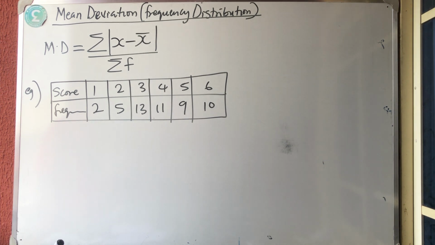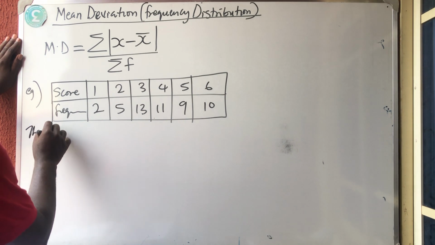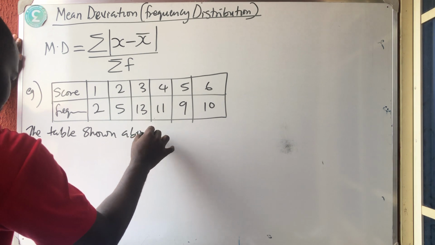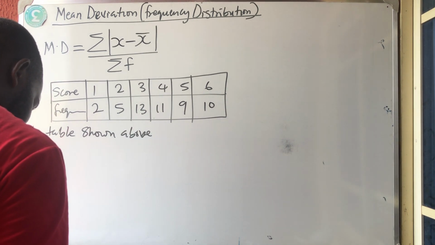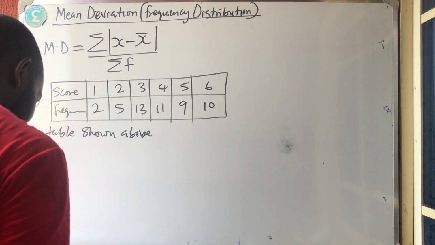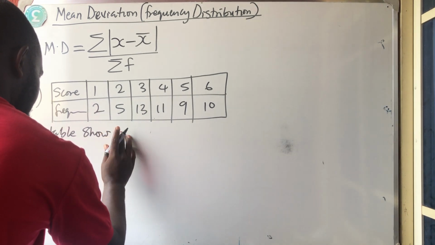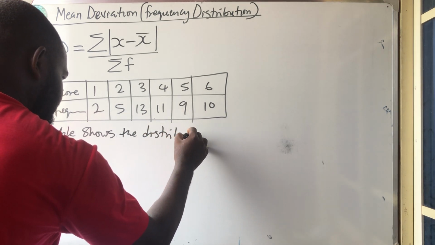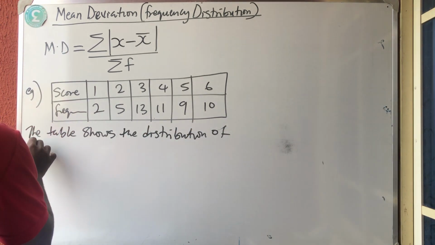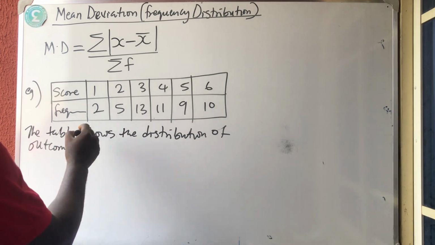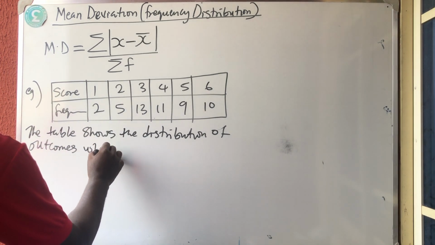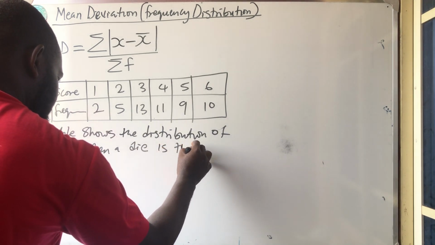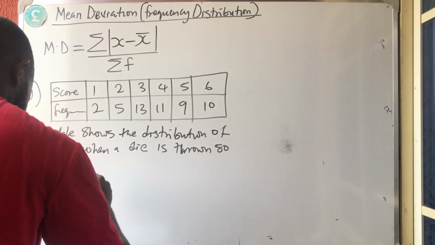The table shown above shows the distribution of outcomes when a die is thrown 50 times.